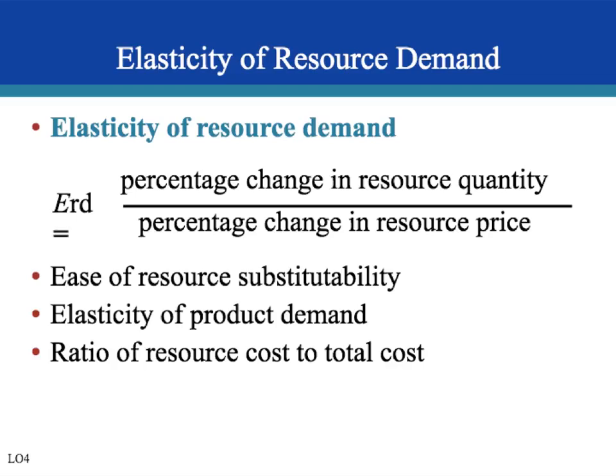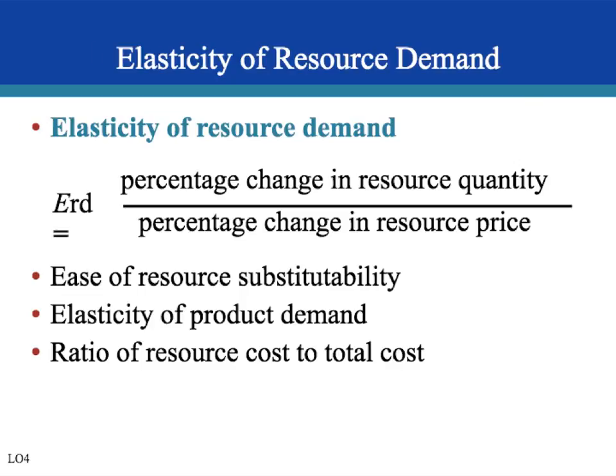Okay, and then of course, resource demand is subject to elasticity. What affects elasticity would be first the ease of resource substitutability. So the more substitutes a resource has, the more elastic the demand for that resource will be. If labor can easily be substituted for capital, then the demand for labor would be elastic.